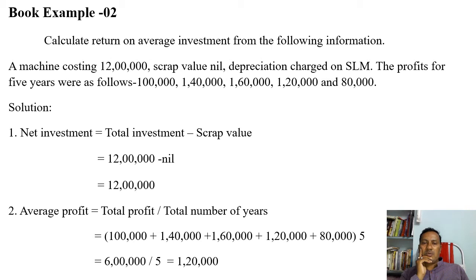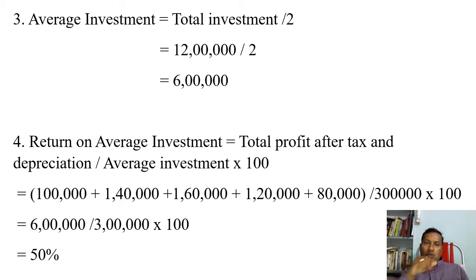Average profit you need to calculate. 1 lakh, 1 lakh 20,000, 1 lakh 40,000, it becomes 2 lakh 40,000, plus 1 lakh 60,000, 4 lakh, 5 lakh 20,000 and 80,000. Total 6 lakh. 6 lakh profit divided by 5 years, it comes to 1 lakh 20,000. Our net investment is 12 lakh. For average investment, no information is given, so it should be divided by 2, it comes to 6 lakh.